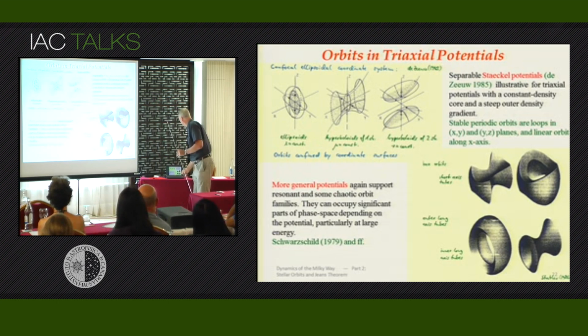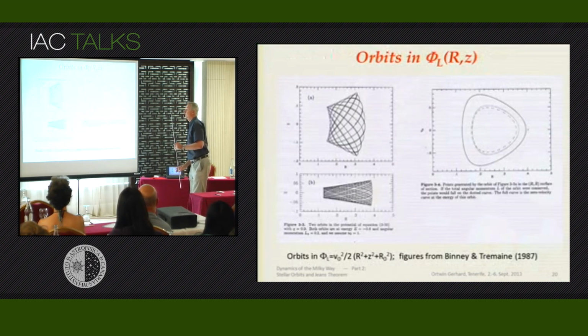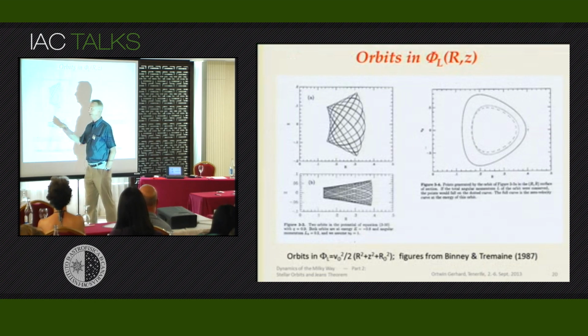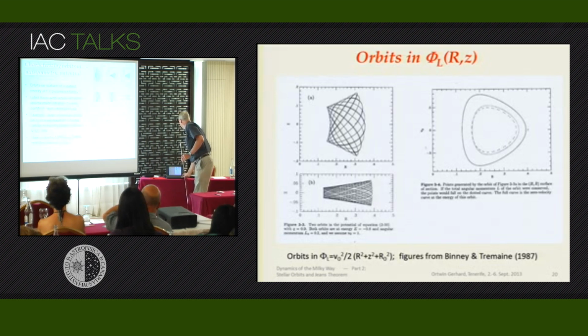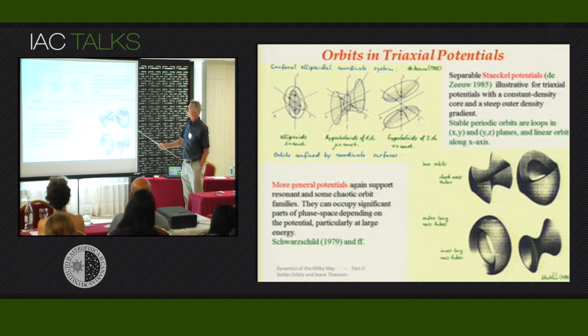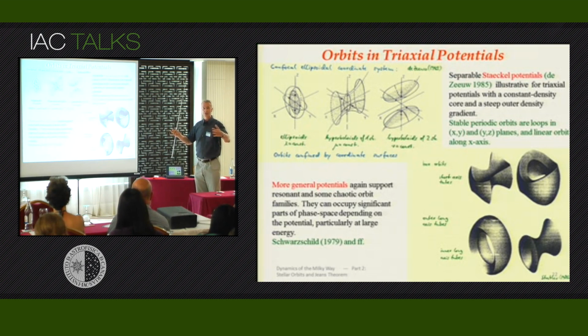Here you have a loop orbit around the short axis, and that is in some sense a generalization of the orbits we saw earlier. This is in the meridional plane, so if you wanted to do the same 3-dimensional representation, you would have it go around the symmetry axis, and so you can see that that's quite close to this one here, except this so-called short axis tube orbit is no longer axisymmetric.